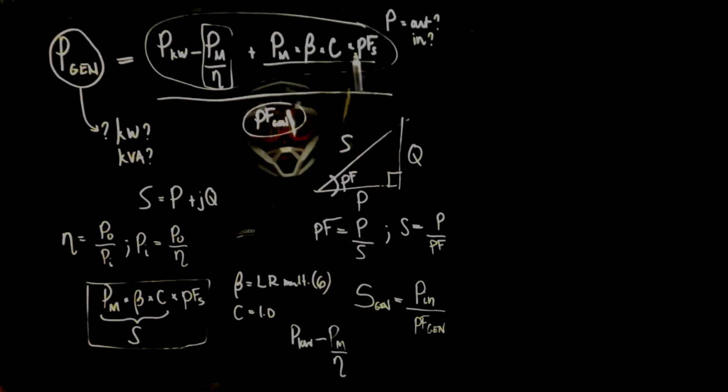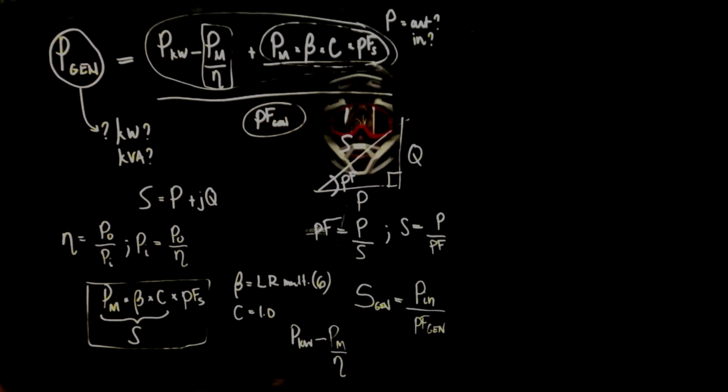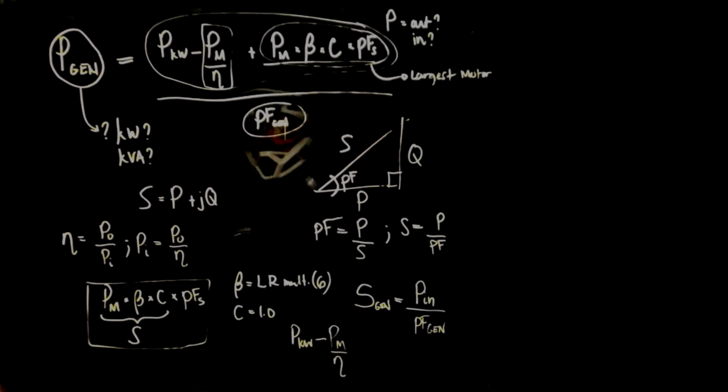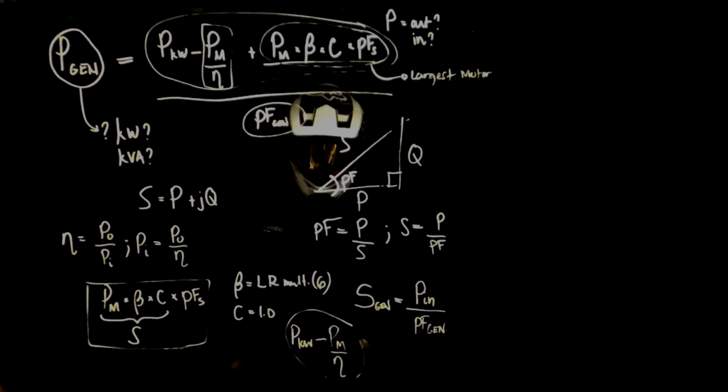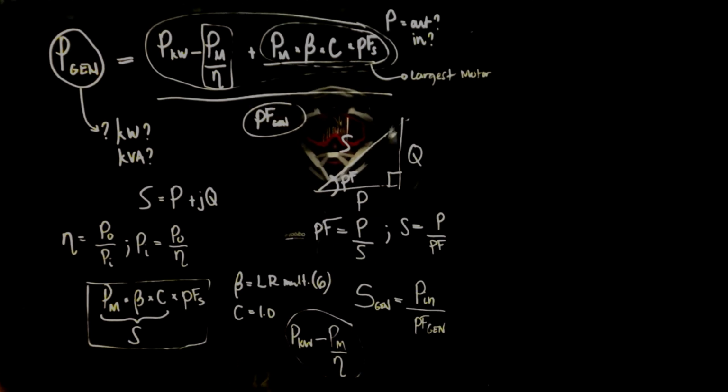So if this is your motor, actually this is your largest motor, okay, in your load. And this thing right here is your total load, power input minus your largest motor.